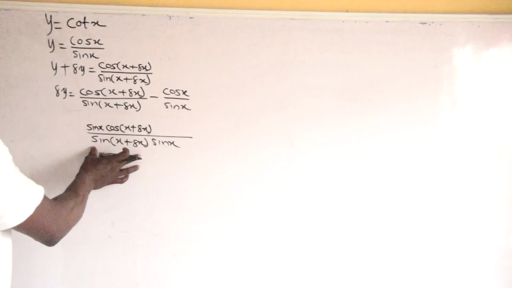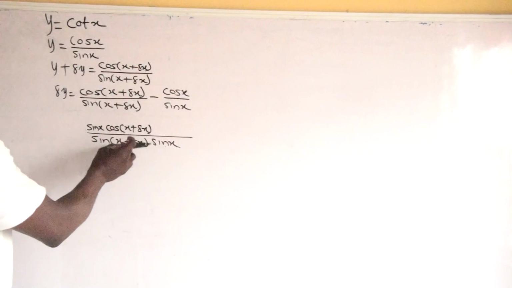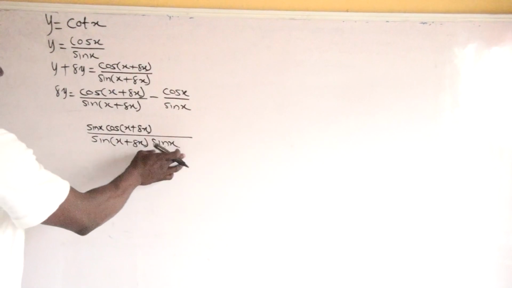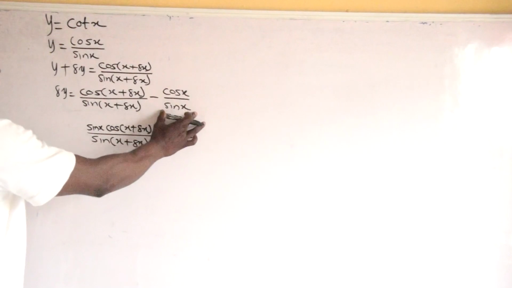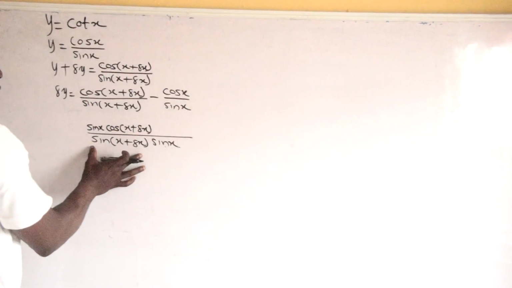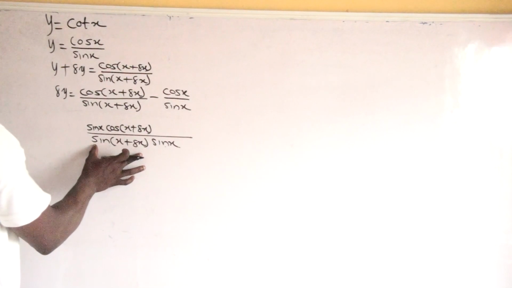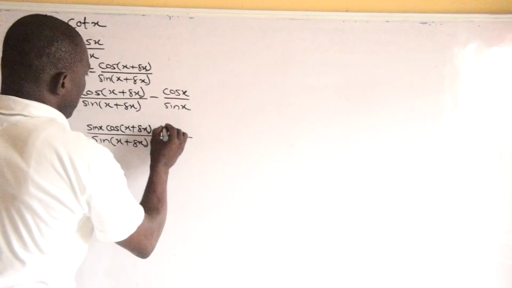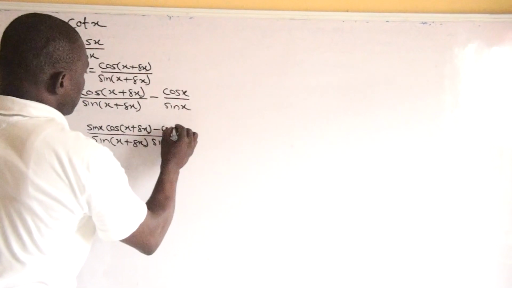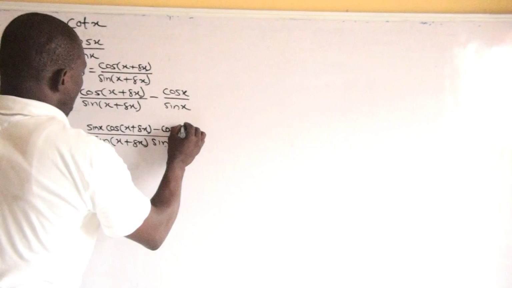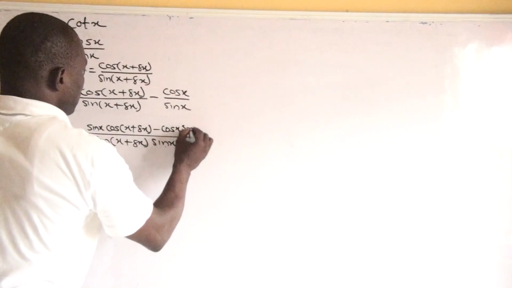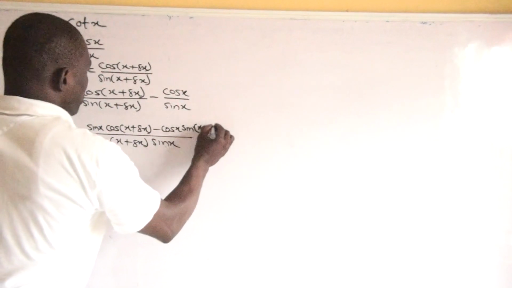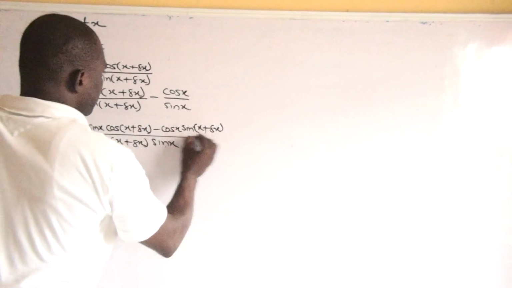Similarly, if sine(x plus delta x) sine x divides the denominator of this fraction, it will be left with sine(x plus delta x), and this will multiply cos x, so that we have here minus cos x sine(x plus delta x).